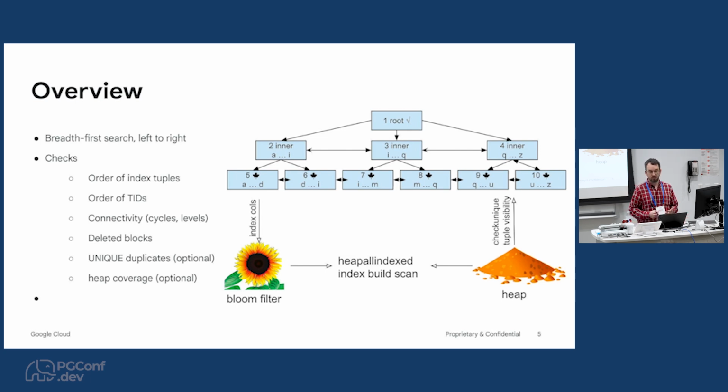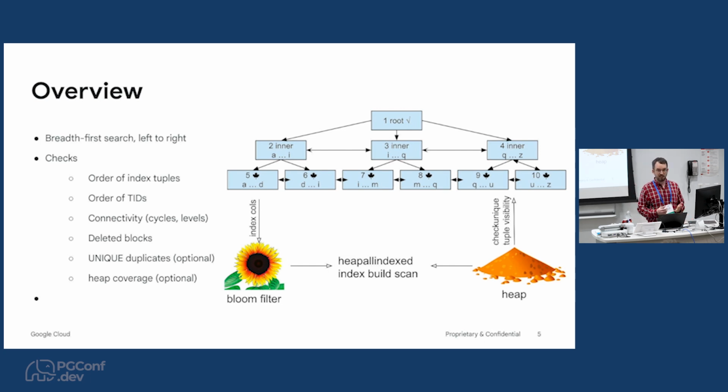amcheck works through this by performing a breadth-first search. The numbers up here represent the traversal order that amcheck will use. And as it does this, it checks a number of invariants that could be violated. So, for example, it will check if tuples are out of order by comparing the index columns within those tuples.